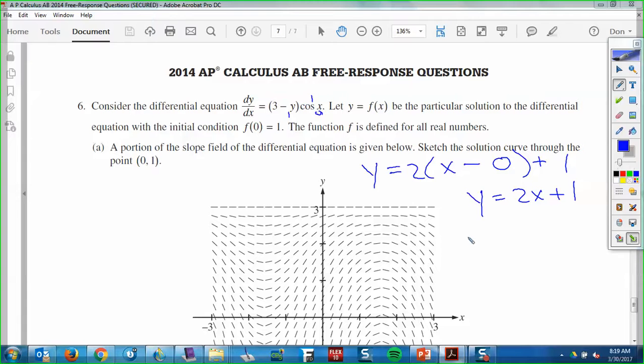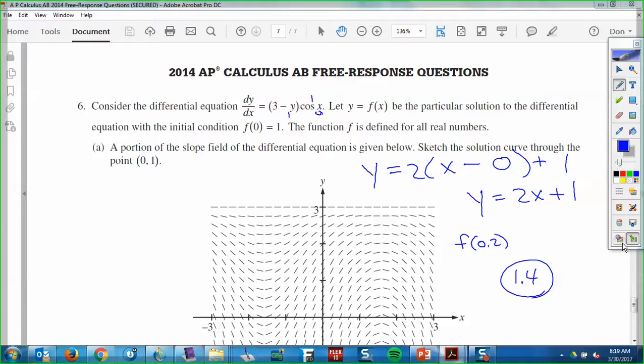Use it to find f of 0.2. So what do you do with that? Plug in a 0.2. 2 times 0.2 is 0.4 plus 1 is 1.4. Now understand, that's called a couple of different things. We did a problem the other day where that's called a linear approximation. So there's some solution curve, we don't know what it is, and we drew it.